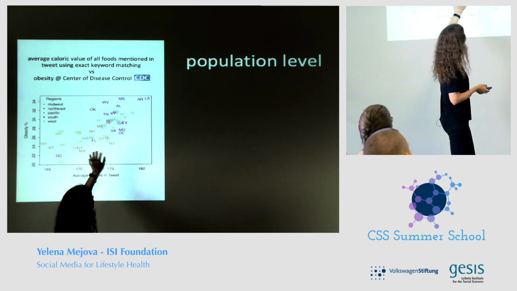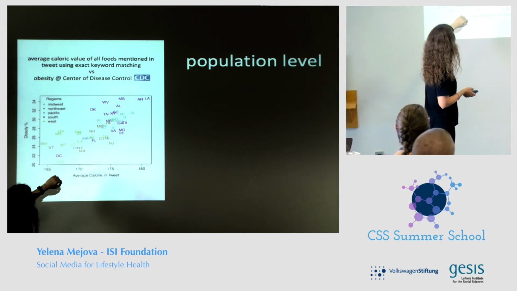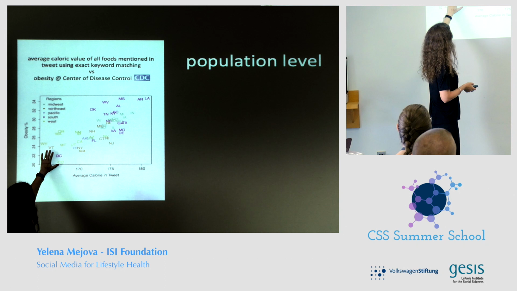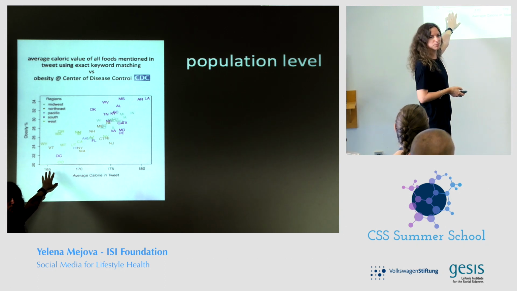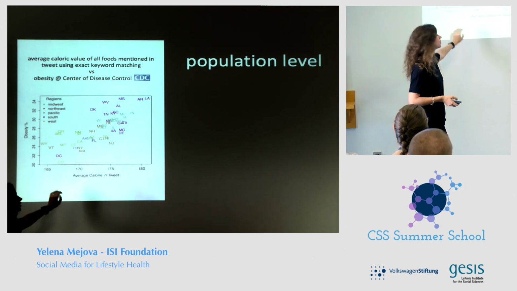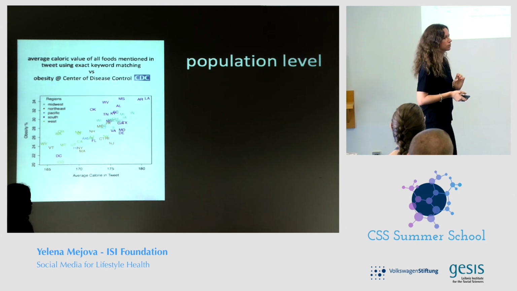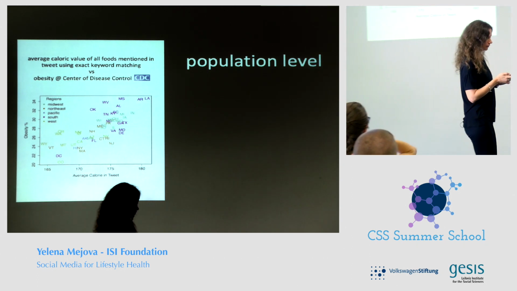And we can see that they both have high obesity rates and tweet about heavy foods. Yet we have Vermont, Wyoming, DC, places where you basically can go skiing or riding horses in the wild. They are both low obesity and low caloric value of tweets.